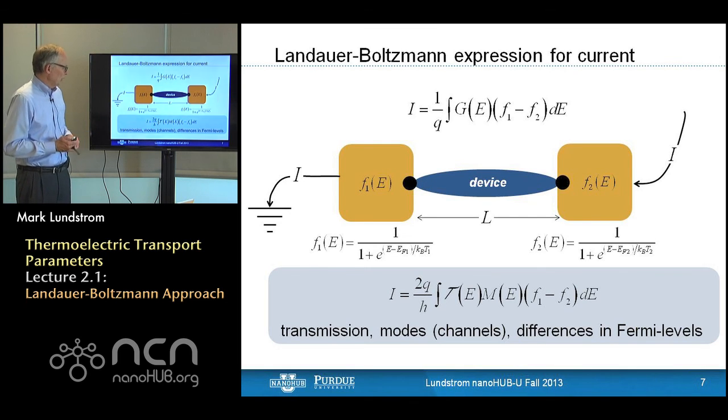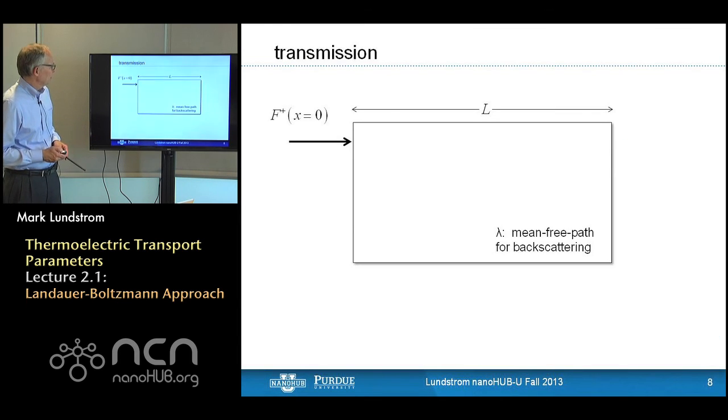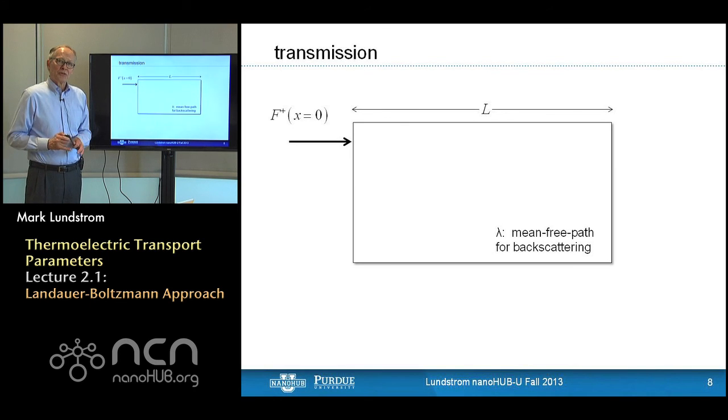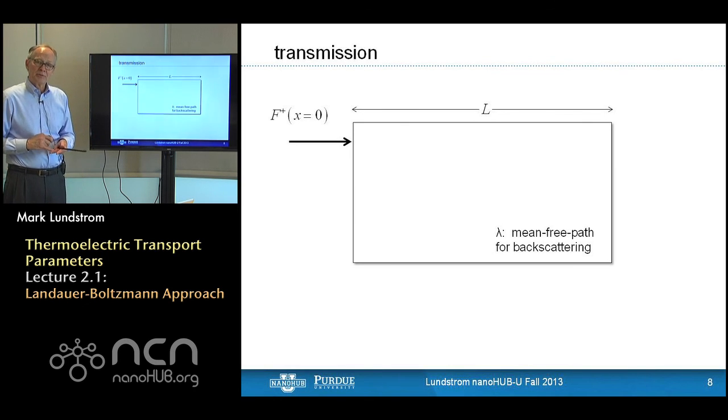And we're going to be rewriting this equation in a mathematically equivalent way that is more convenient for my analysis. So we have a set of fundamental constants called the quantum of conductance, a quantity called the transmission, a quantity called the number of modes or channels for current to flow, and then the difference in Fermi functions, F1 minus F2. Okay, so let's talk about each of those quantities: transmission, number of channels, and the Fermi function difference.